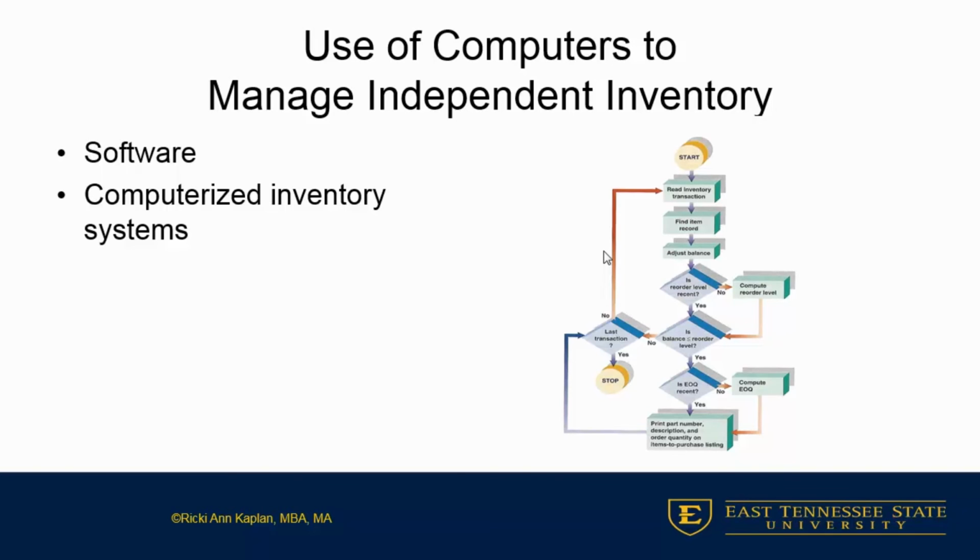Here we're going to take a look at it on a small scale so that we can understand the theory and the concepts behind it. And we can actually say, okay, this is what we need to do and why we need to do it. But again, there is software and computerized programs that will help you do this. You don't have to do all of this by hand. But for this class, you will be, so that you understand the how and why.